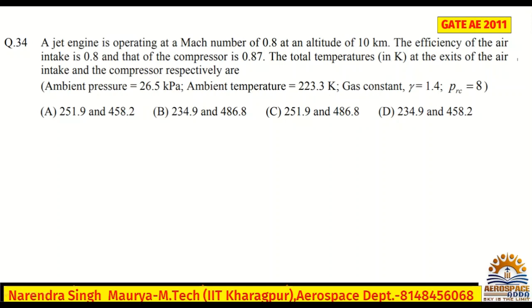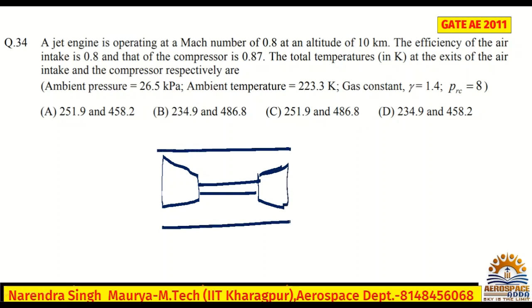The efficiency of the air intake is, okay, now we'll draw the flow here, intake and exit. This part is nothing but the intake. This part is nothing but the compressor.